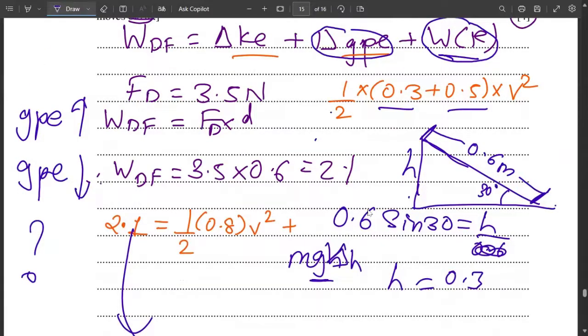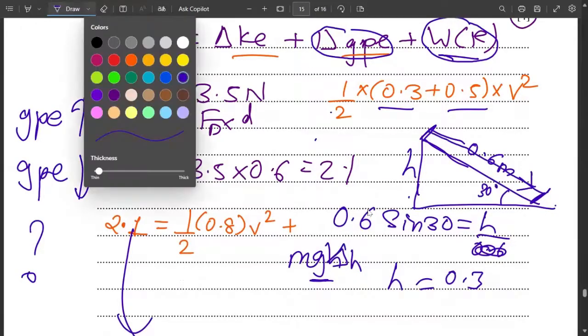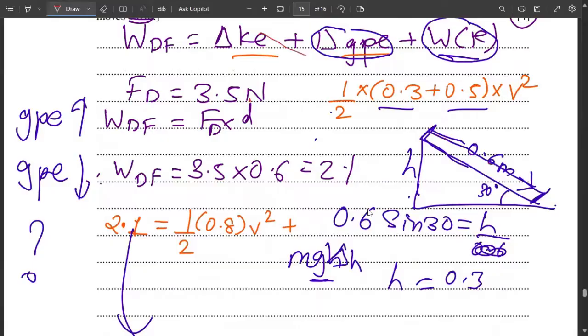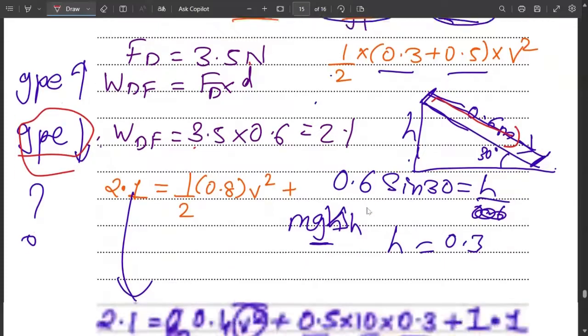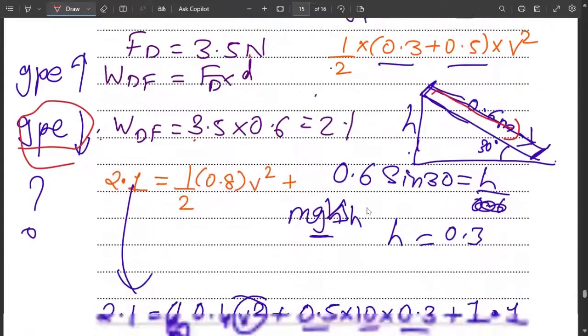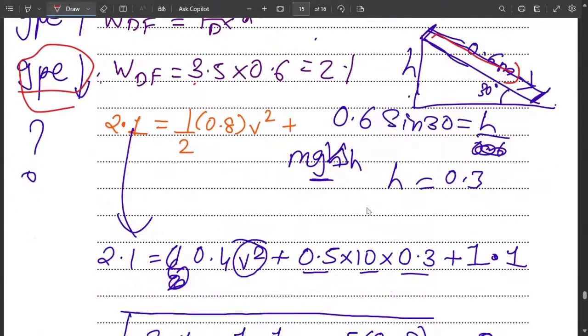Here the ball B will be moving downwards, so the GPE will decrease because height is decreasing. So the height should be minus 0.3. The height will be positive 0.3, but here it will be considered negative. Why? Because GP is decreasing.